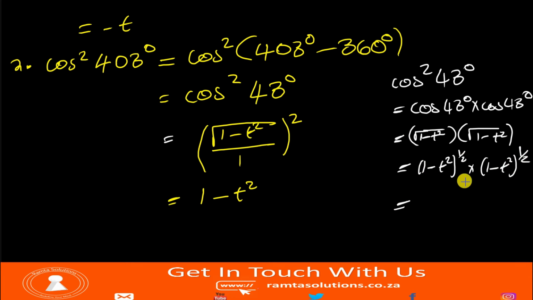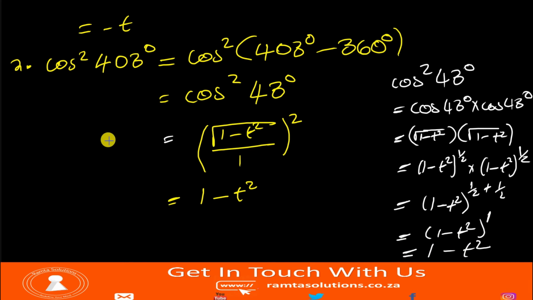The bases are the same, 1 minus t squared. You add exponents: half plus half. So what is this? 1 minus t squared to the power 1. Obviously, it is 1 minus t squared. All right, so this is number 2.